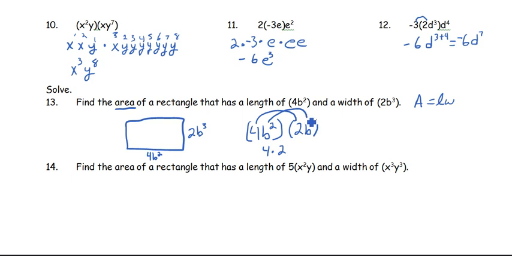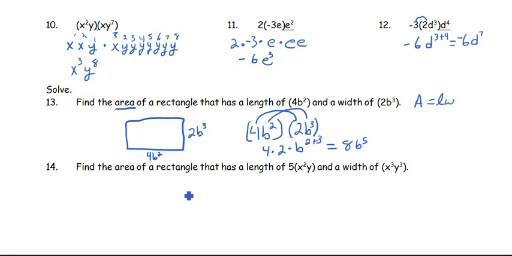And then we have b squared times b to the third times b, and then we're going to add the exponents. 2 plus 3 equals 8b to the fifth.